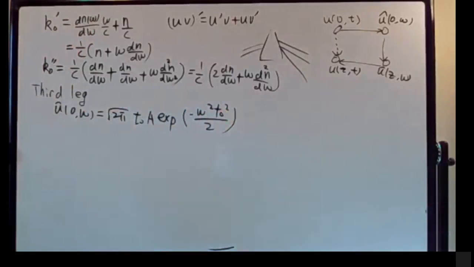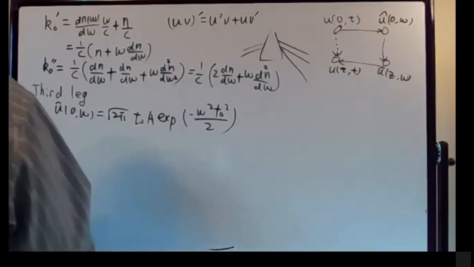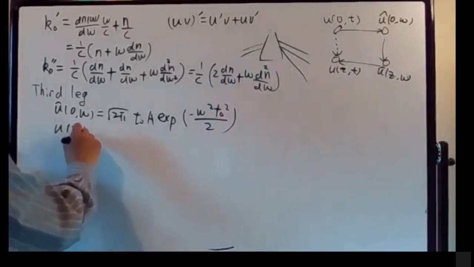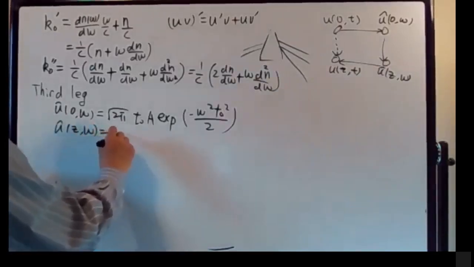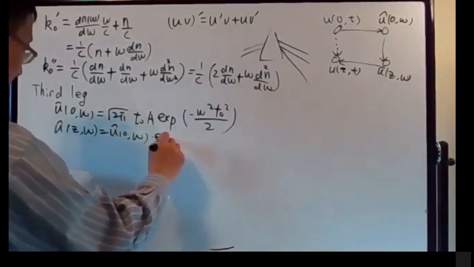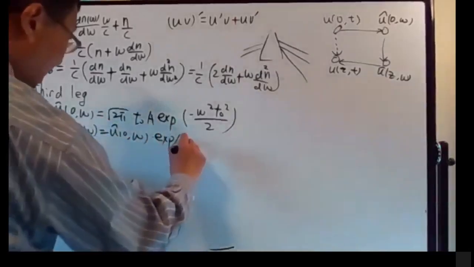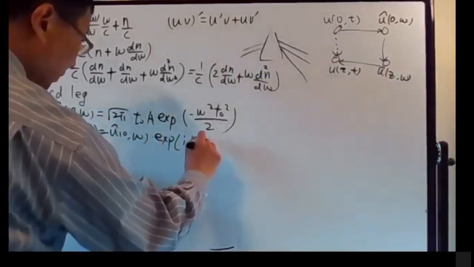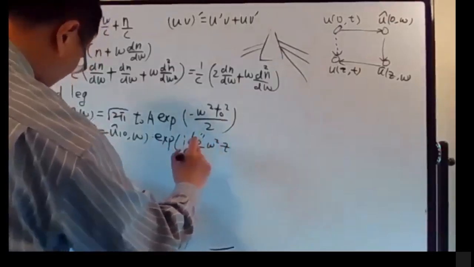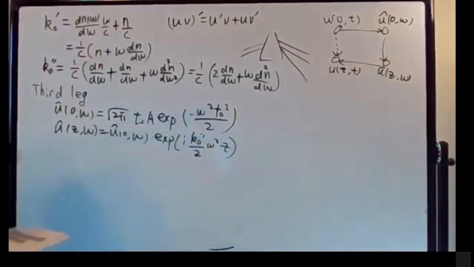And then the second leg will give us u z omega, which is u0 omega times this exponential of i k naught double prime omega squared z over 2, right?